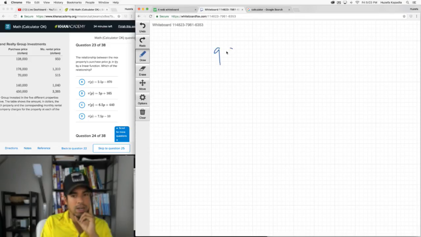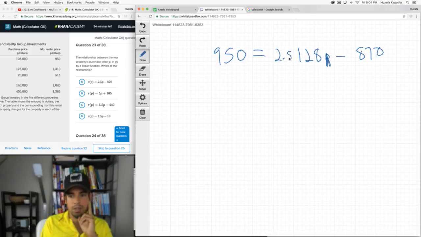So the rental price is 950 and the purchase price is 128 in thousands, times 2.5, excuse me. That is the P. And does this work? I don't know. Let's try. It doesn't look like it works. Definitely won't work. This is too small. A is out. What about B?